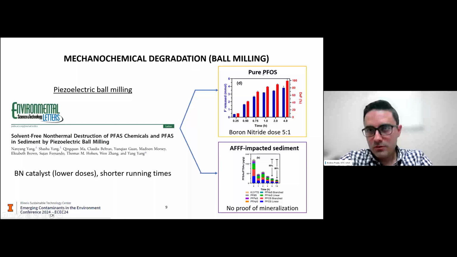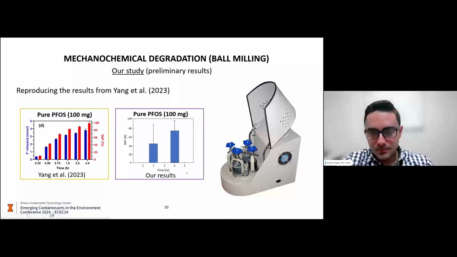This is pure PFOS as an example, and then they also tested in sediment and measured the reduction of PFOS, of different types of PFOS, but didn't show proof of mineralization. So we decided to reproduce this technique here in our lab.